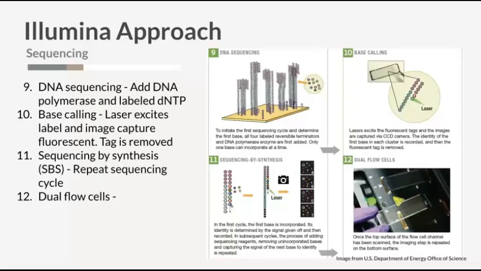So one thing to keep in mind when you're prepping your library and doing the quality control step is your concentration. When you're measuring how much nucleic acid you're starting with, how many single strand DNA you're starting with, if you have too little, you're probably not going to be able to get a good library because it's hard to get enough coverage if you only have a few fragments, right?